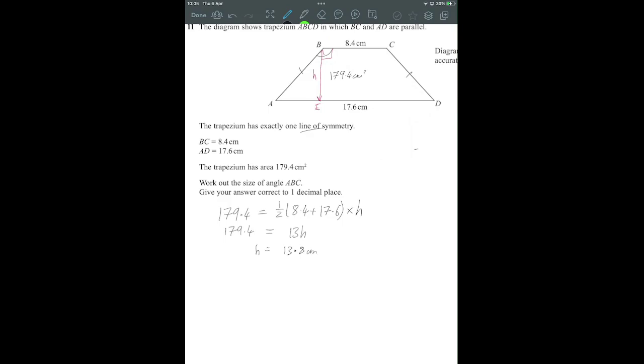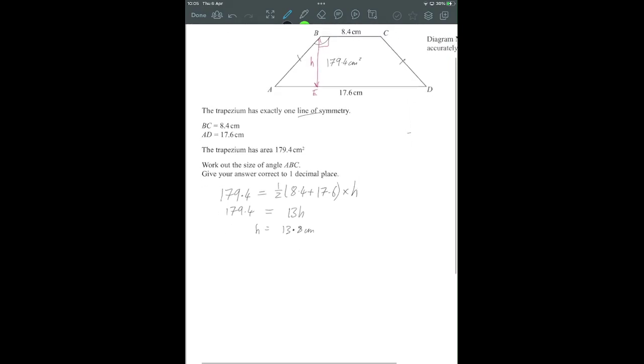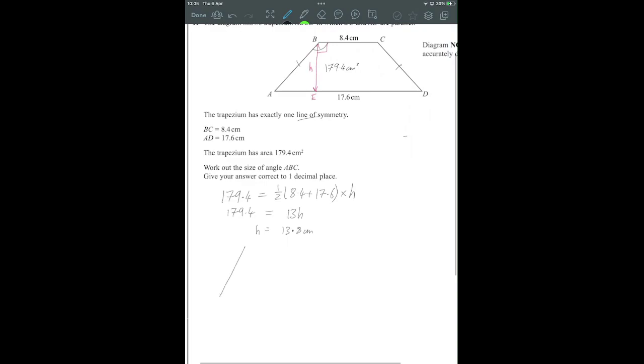Okay, so now let's have a look at that ABE triangle that I mentioned. So we have our ABE. We now have the height is 13.8, but it's this bottom side that we need to be careful about. And this is where the symmetry, the fact that we've got one line of symmetry comes in. We have a little bit here. We have the same amount over here. And this bit in the middle is also 8.4.